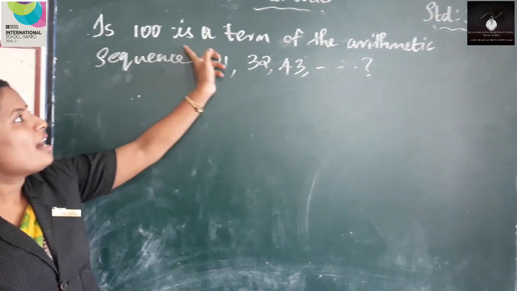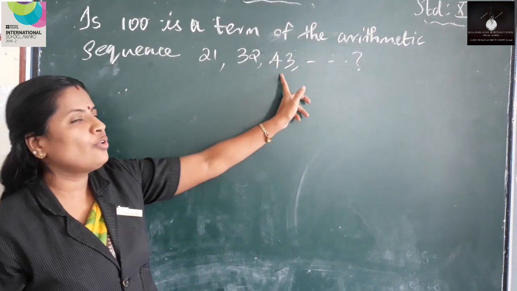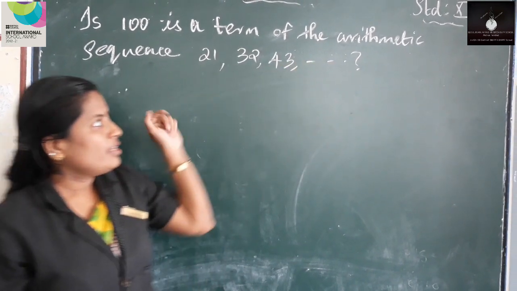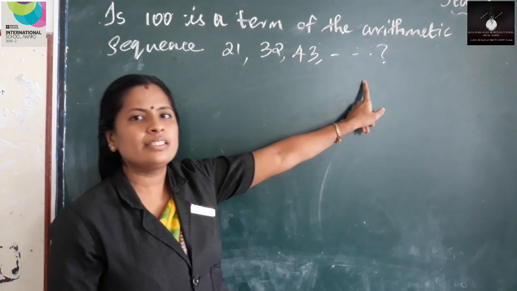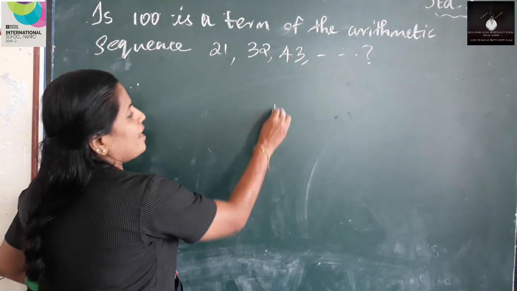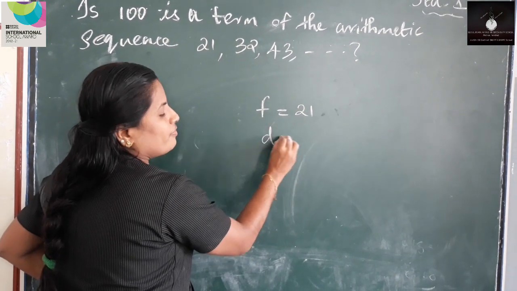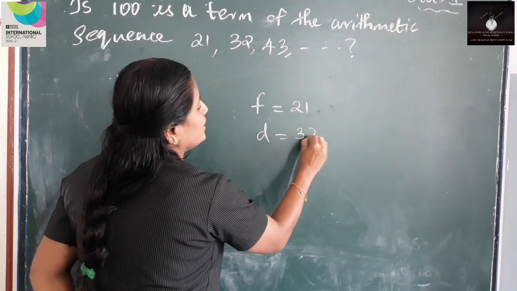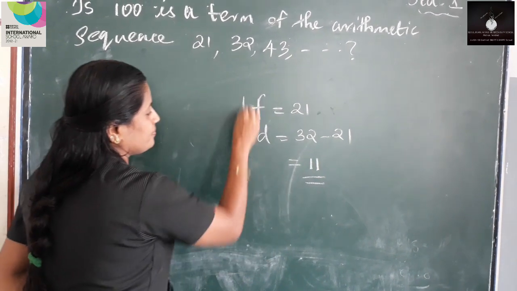Next is, is 100 a term of the arithmetic sequence 21, 32, 43 and so on. So here we have to find out whether 100 is a term of this arithmetic sequence. So what is f? The first term is 21. And next common difference. Common difference is equal to 32 minus 21, which is equal to 11.